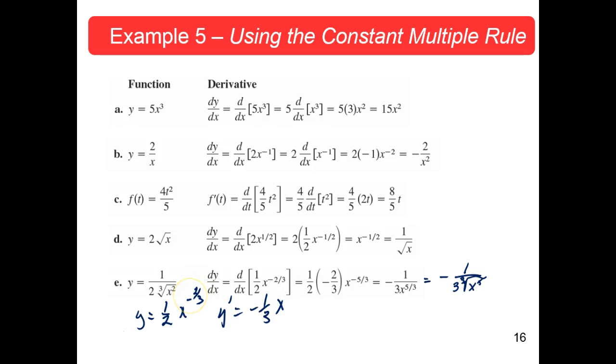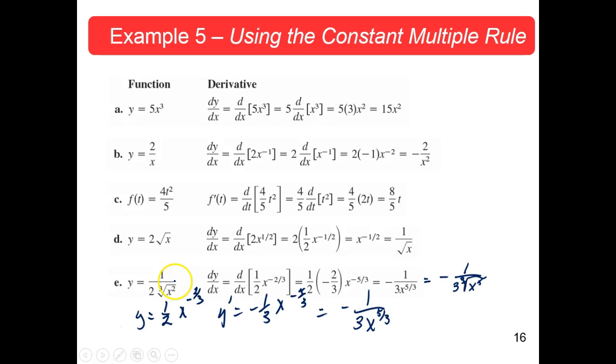Well, minus 2/3 minus another 3/3 would be minus 5/3. Okay? And then you could write that as negative 1 over 3x to the 5/3. That's how they did it.